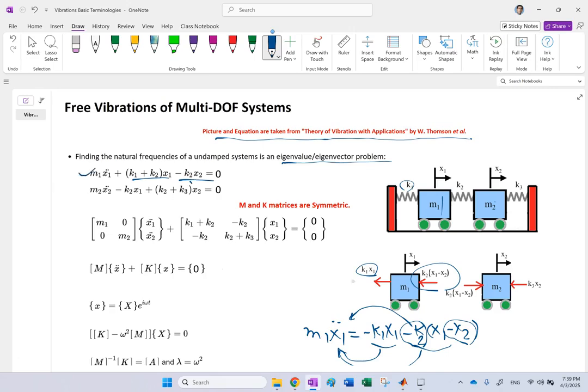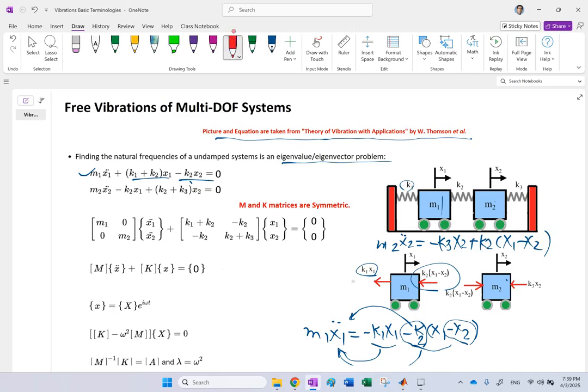Then if you write it for M2, you're going to get M2 x2 double dot equals what? Equals negative K3 x2 and then positive K2 times (x1 minus x2).